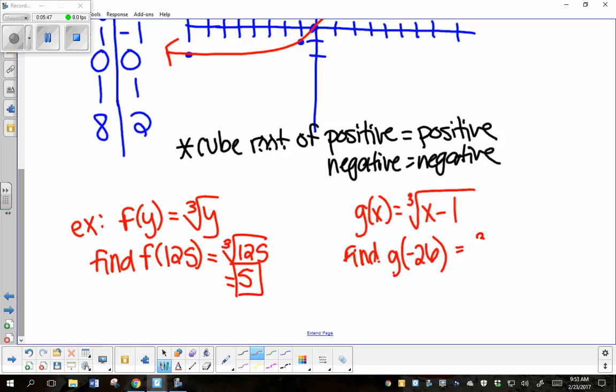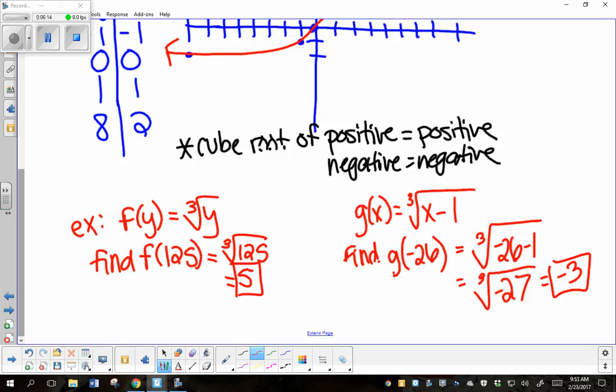So we're going to do the cube root of negative 26 minus 1. So that's the cube root of negative 27. Raise your hand. Who can tell me what times itself 3 times would give me negative 27? Macy? Negative 3. Good. Cube root of a negative is negative.